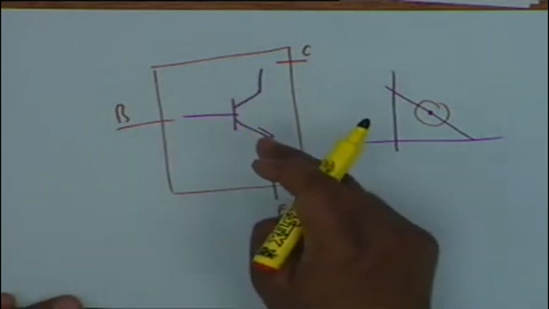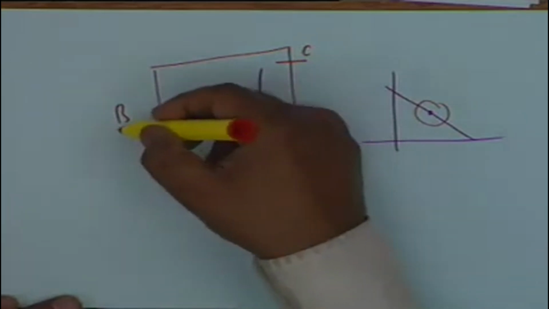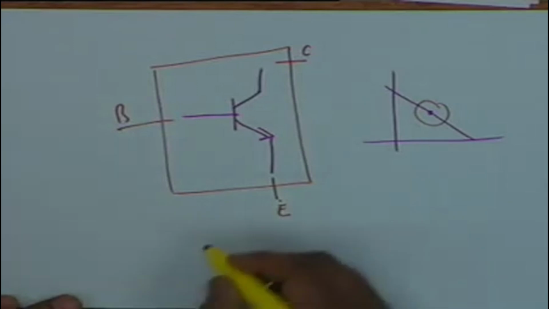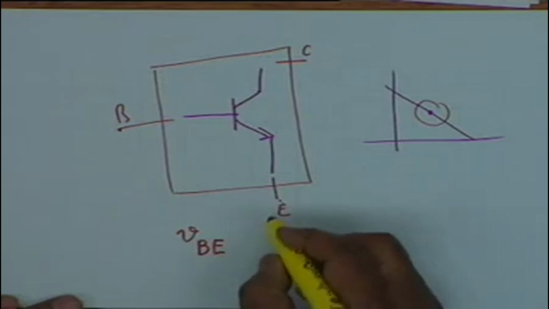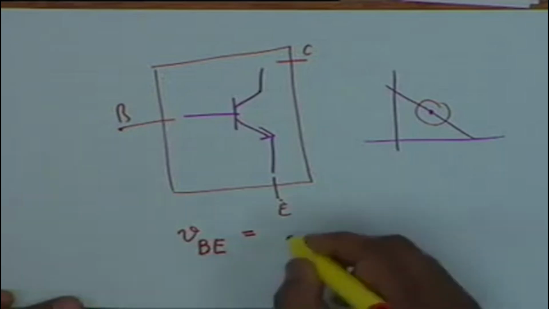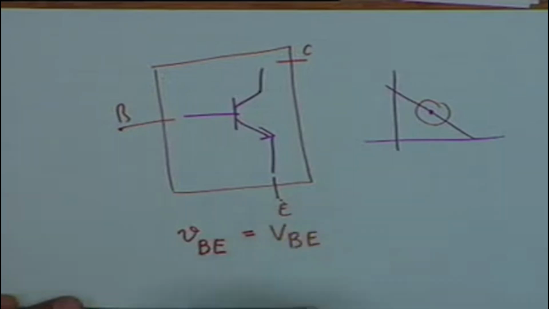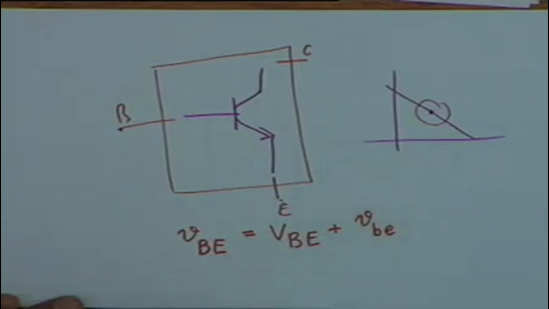This characterization is a small signal characterization. If we are talking of the voltage between the base and emitter, then the total voltage is small v subscript capital B capital E. This notation I have explained earlier. Let me repeat: the total voltage between base and emitter is small v subscript capital B capital E, and this is a sum of a DC value, capital V sub capital B capital E, plus an incremental value, small v subscript small b small e.